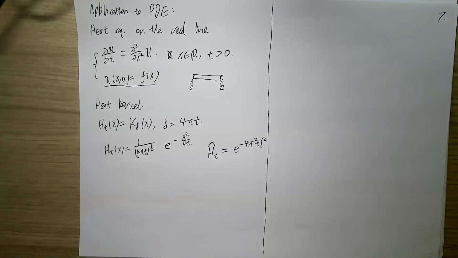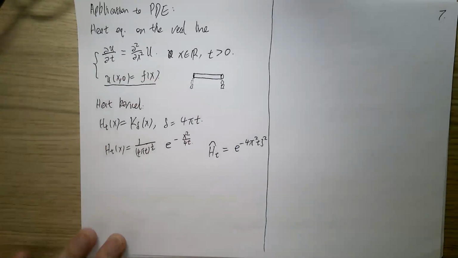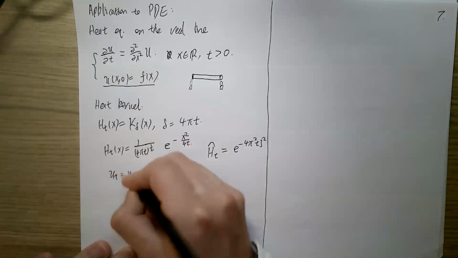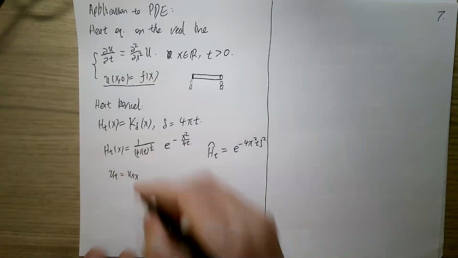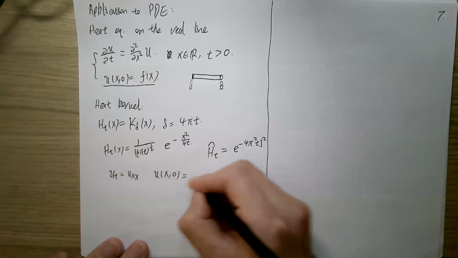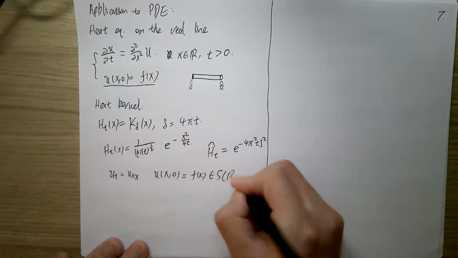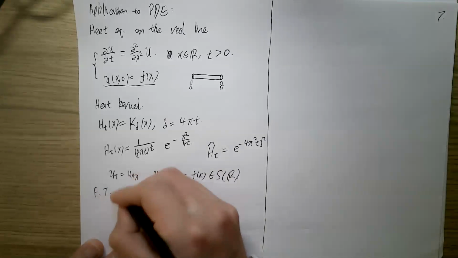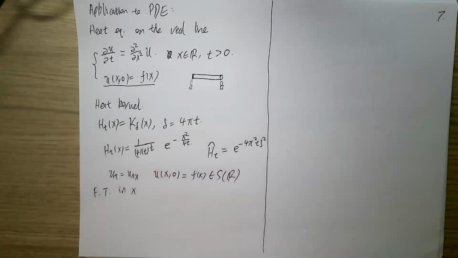Why are we interested in this very ugly function? Simply because we have this differential equation on the whole real line. Then let's assume u(x,0) is equal to f(x). It's a Schwartz function. It's a super good function. Let's take the Fourier transform in x, which means we multiply by e to the power minus 2 pi i x xi and take the integral in terms of x.